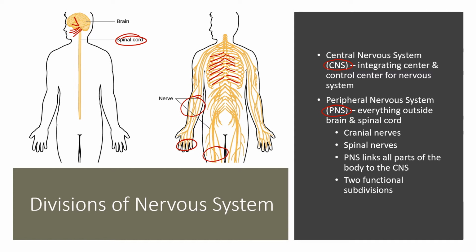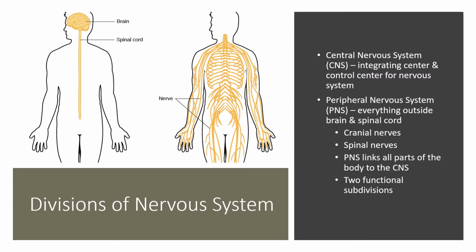Even though these structures come directly off of the central nervous system, they are not considered part of the central nervous system. Spinal and cranial nerves are peripheral nerves. The peripheral nervous system links all parts of the body to the central nervous system. So these are anatomical divisions.